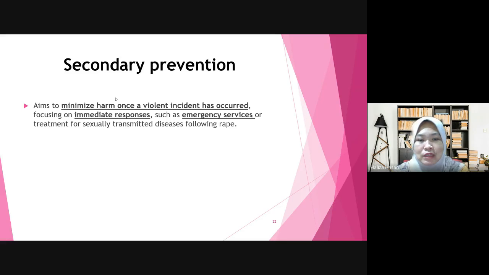So for example, when there is a rape case, we have to take care, and then do a police report, to lodge the police report. So the police will take charge of this situation.